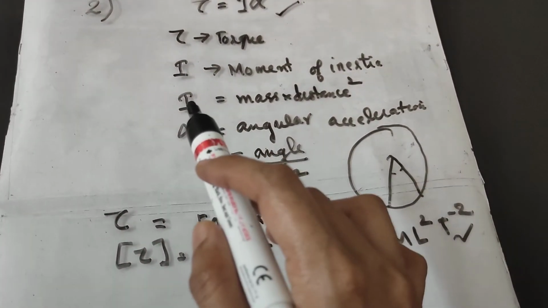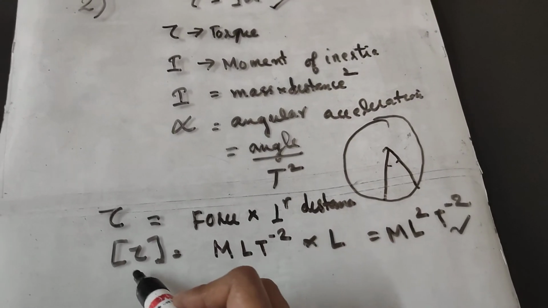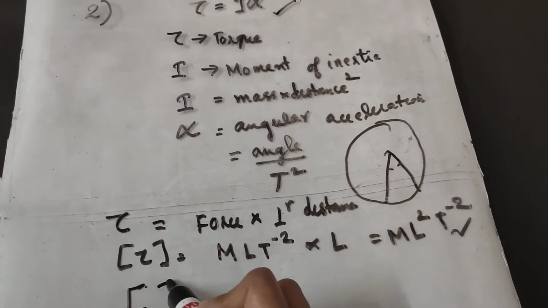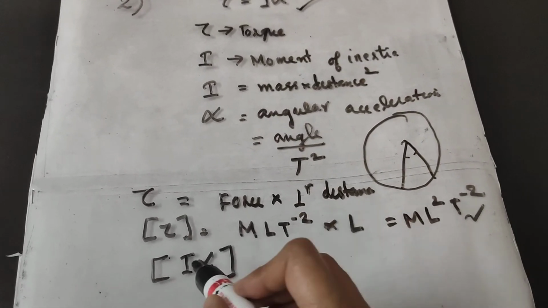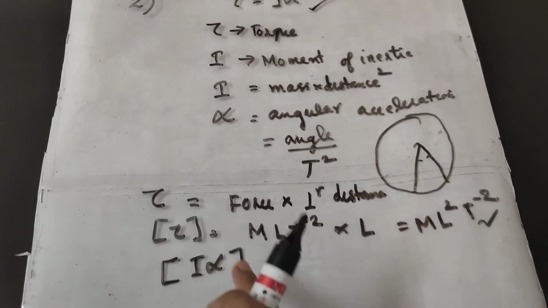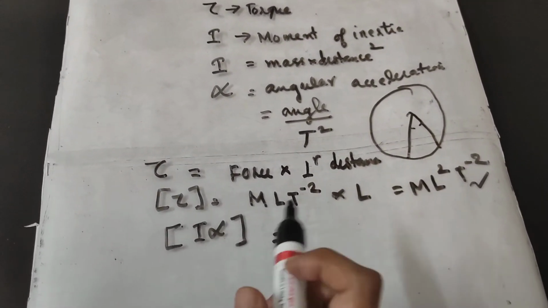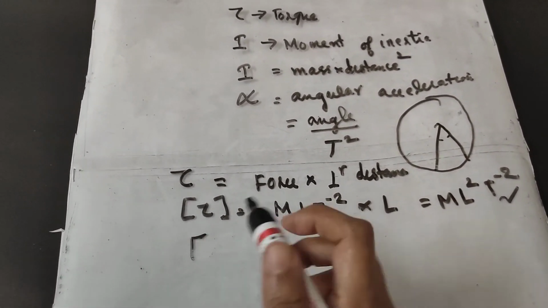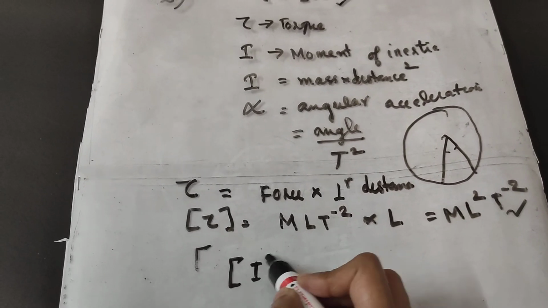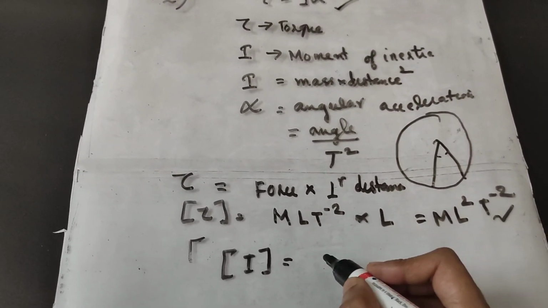Then the second term is I alpha. Let us find the dimension of I and alpha separately, then let us multiply. Dimension of I, that is the dimension of moment of inertia. What is the equation?